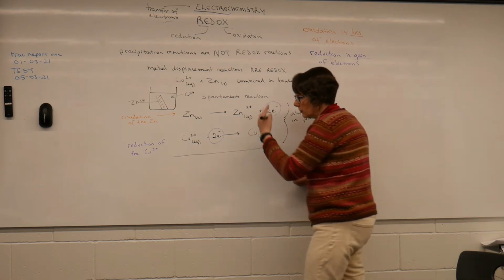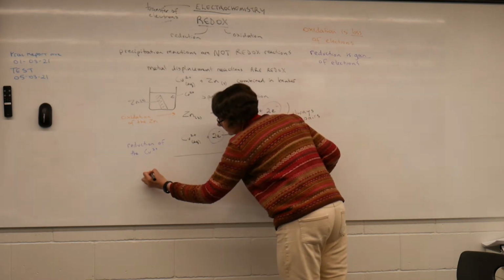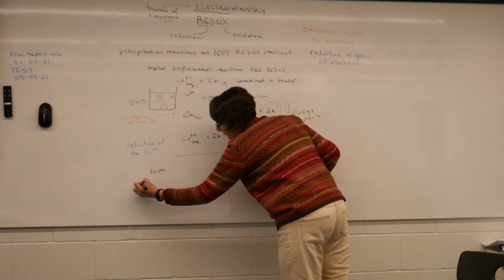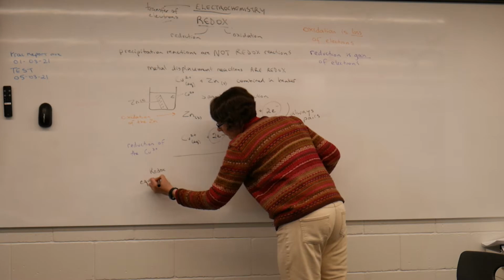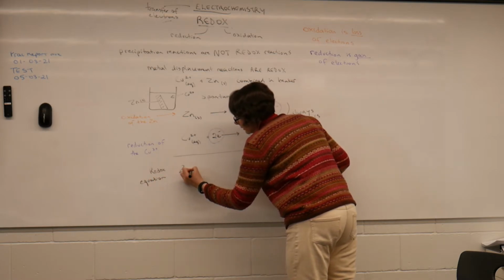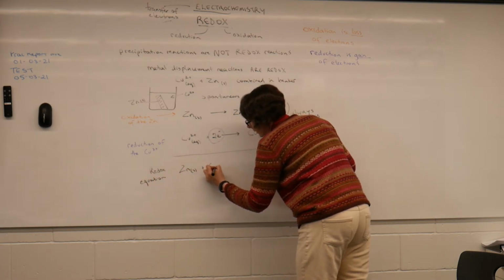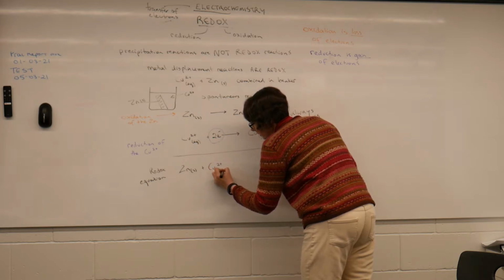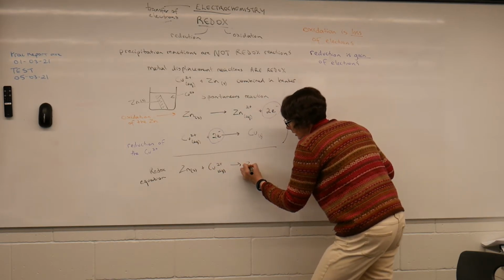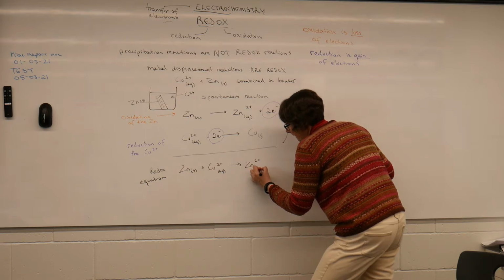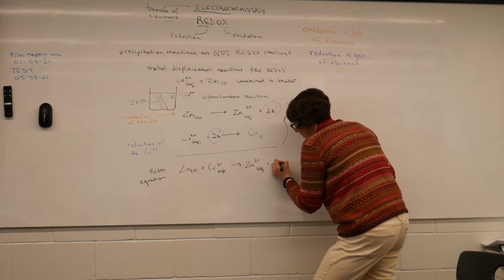And so I can write a total equation, a redox equation, setting zinc solid plus copper ions, giving me zinc ions and copper.